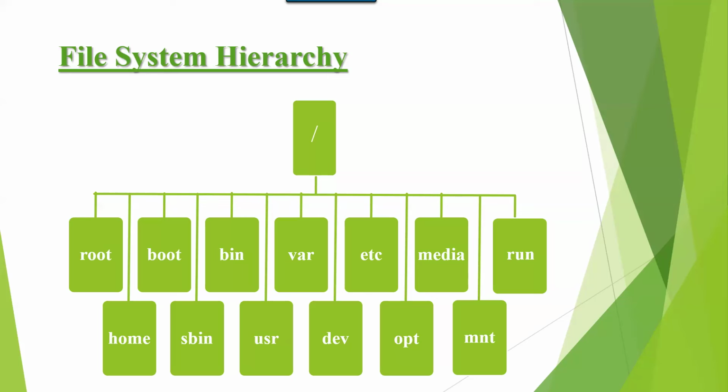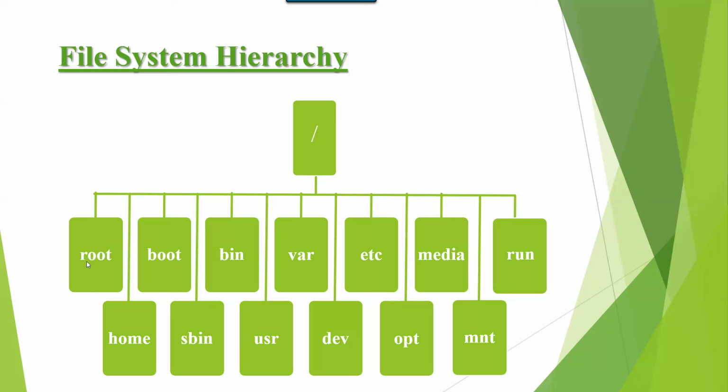Dev contains devices information. Devices means partitions. In Windows, we call it partition. In Linux, we call it device. I'm repeating, forward slash is the parent directory or top level directory in Linux. It is similar to C in Windows. It contains subdirectories.